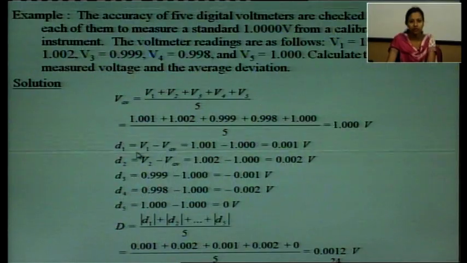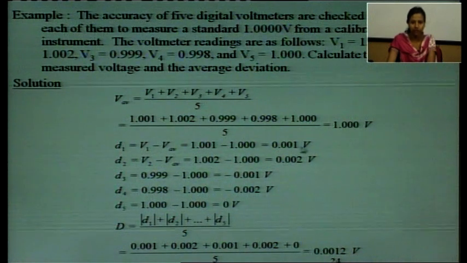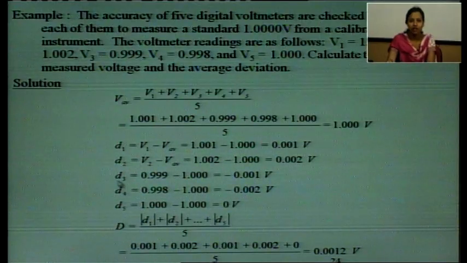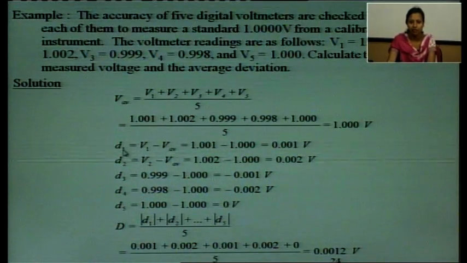The deviation of each measurement from the central value is, for example, 1.001 minus 1. We can calculate the deviation for each term; for V3, the reading is 0.999, so the deviation is 0.999 minus 1, which is minus 0.001.